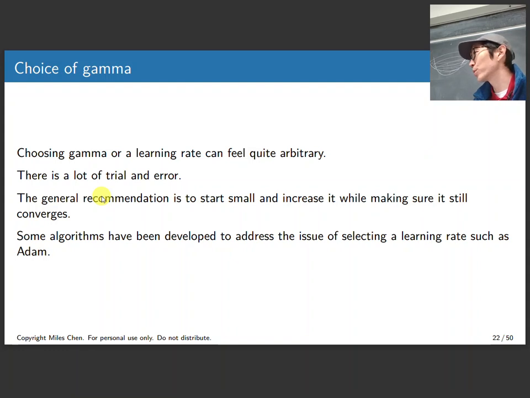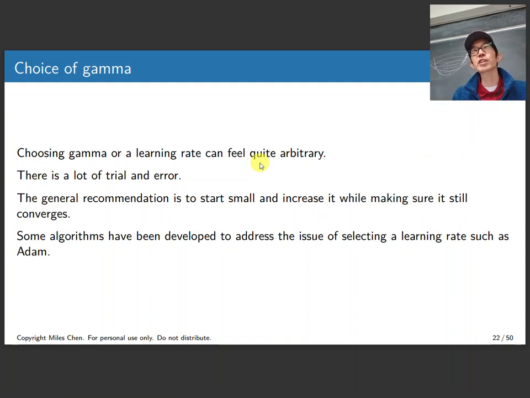With neural networks and whatnot, you will see these cost graphs that go down and then suddenly go wild. That's because figuring out exactly what learning rate, what gamma, you should use is a little bit tricky. There's a lot of trial and error.